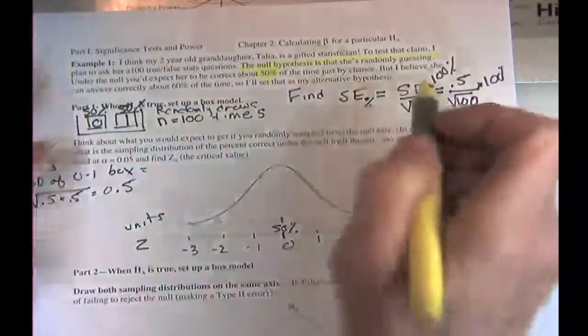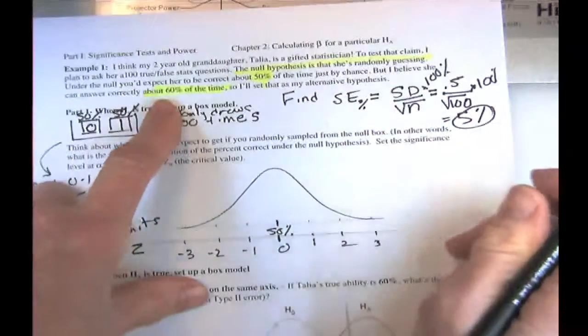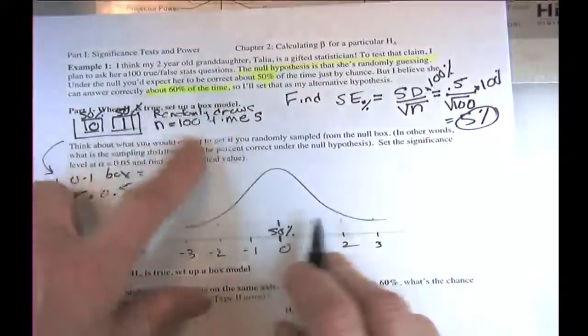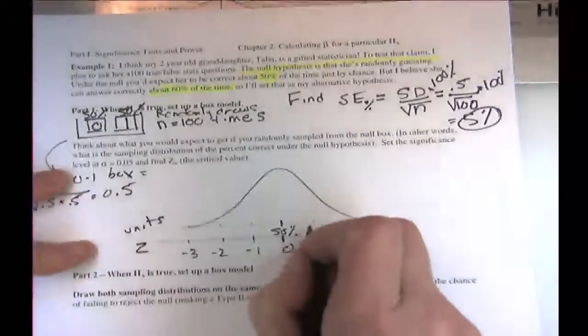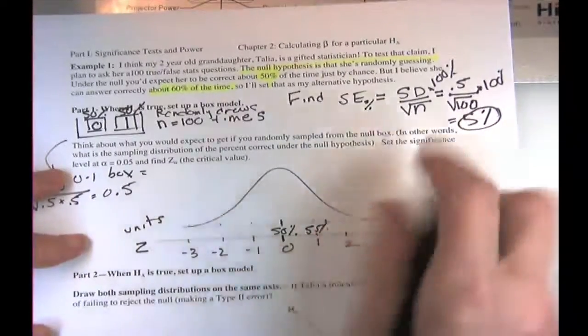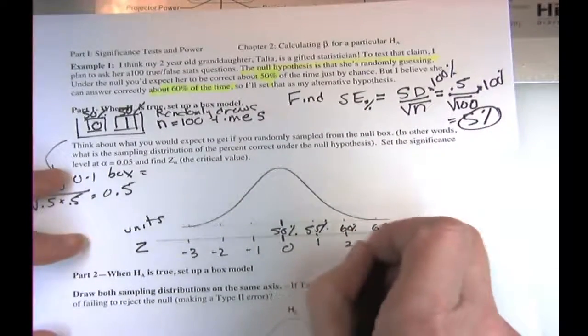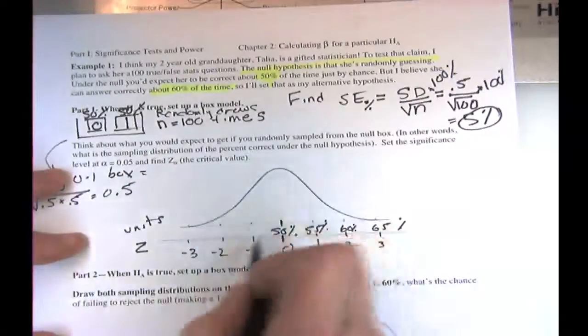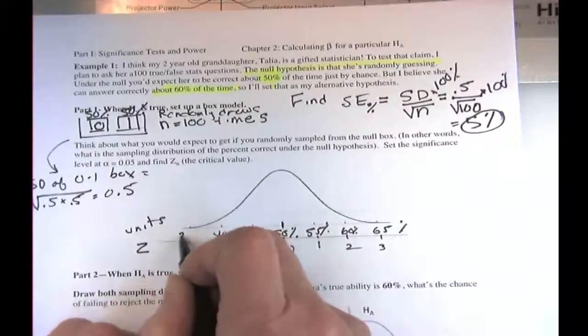Here's our alternative hypothesis. I believe she can answer correctly 60% of the time. So where is 60 on here? So let's see. This is 55, it's 5%. Oh, it's right here, 60. And this of course is 45, 40, and 35.